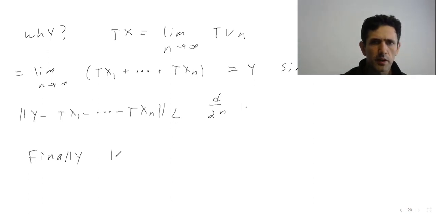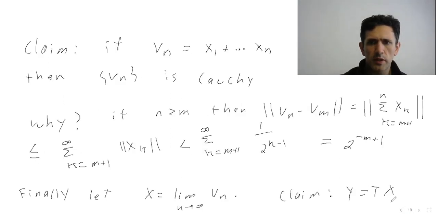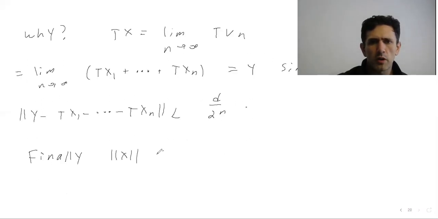Finally, the norm of x. Just use triangle inequality. The norm of x is less than or equal to the norm of this infinite sum, x1 through xn as n goes to infinity. So just collapse in the norm using the triangle inequality. It's less than or equal to the sum here, trivially. And this is less than d to the minus 1 plus, well, x1 has norm d to the minus 1.